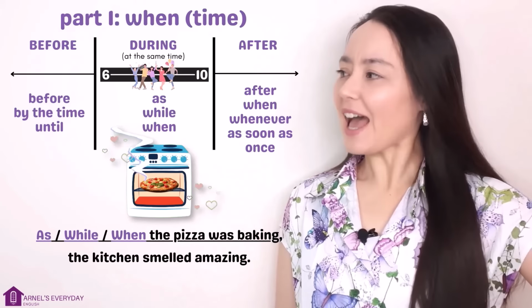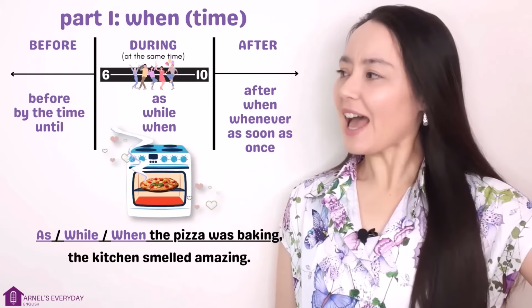As, while, when. Are they the same? These words can be used in lots of different ways in English. In today's lesson, they mean during this time. If these words mean during this time, yes, they are the same.